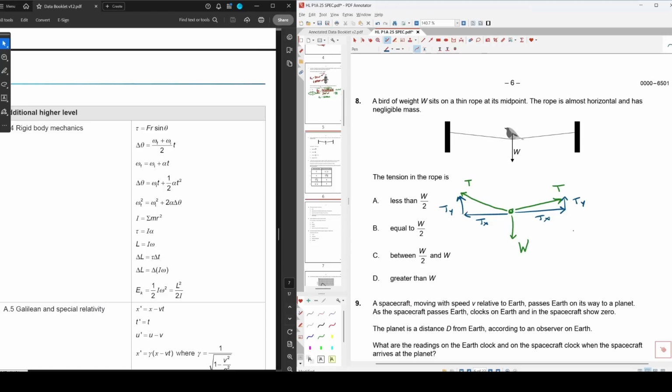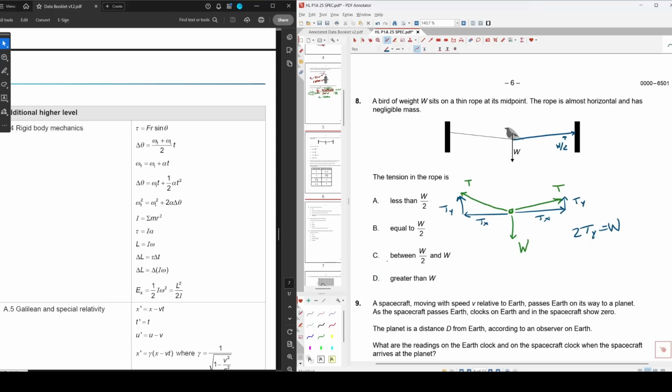Okay, 2Ty would have to equal the weight of the thing, right? But Ty is way, way smaller than T if I just look at my right triangle, right? This angle is really shallow. You need a really big tension for just the vertical part of it to equal half of your weight. That's really what we want.